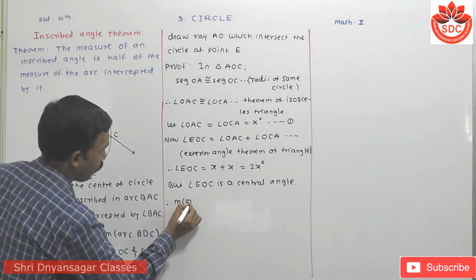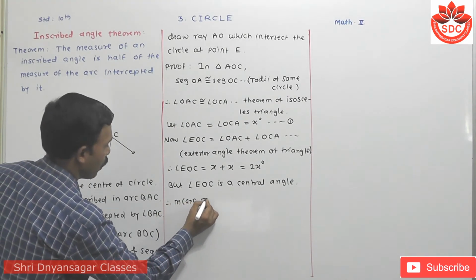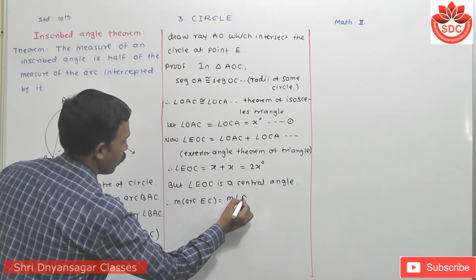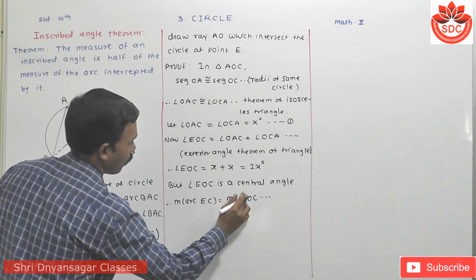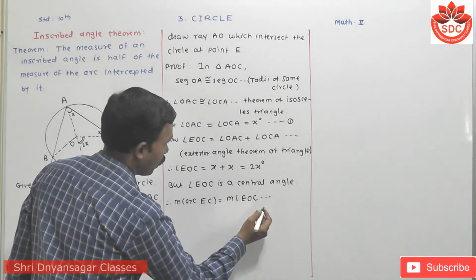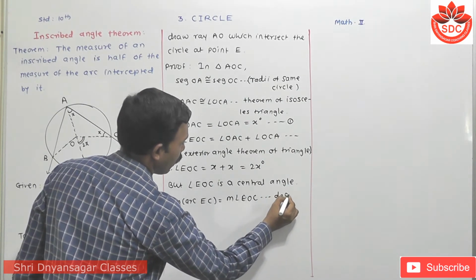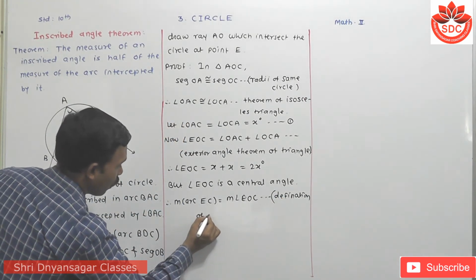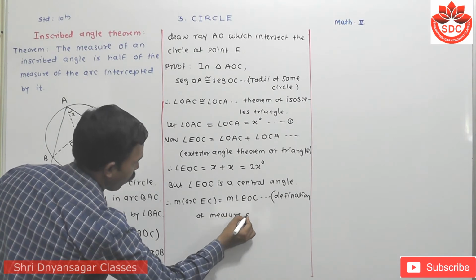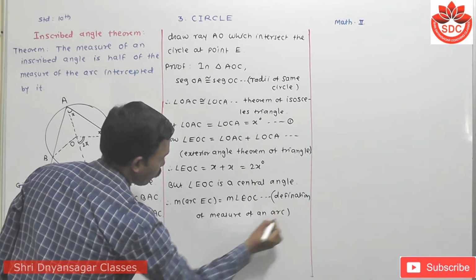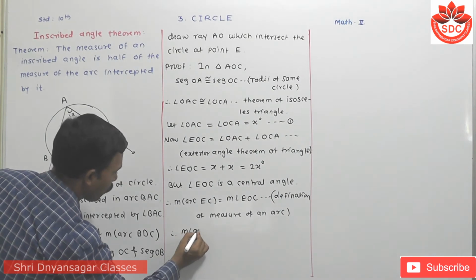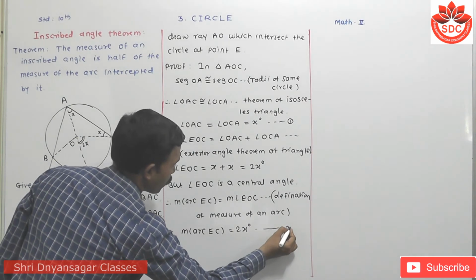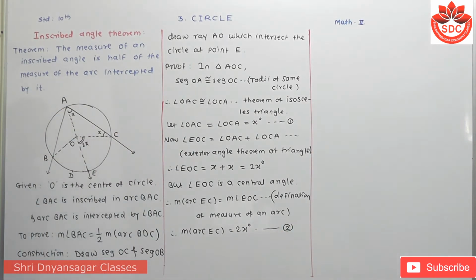Therefore, measure of arc EC is equal to measure of angle EOC, reason is that by using definition of measure of an arc. Therefore, measure of arc EC is equal to twice x degree. Suppose that this is equation number 2.